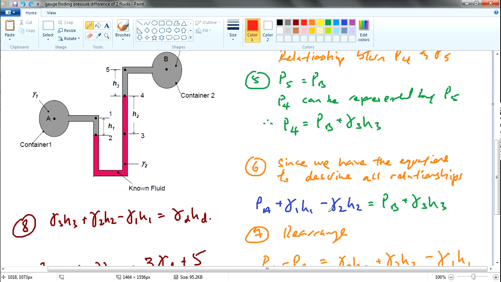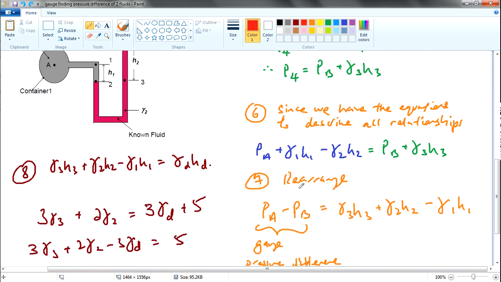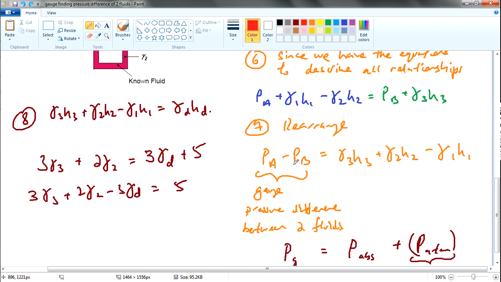So we have just rewritten our two equations into one equation, and we rearrange again. We get PA minus PB, and then you just bring this rho H1 over here, and you'll get this.